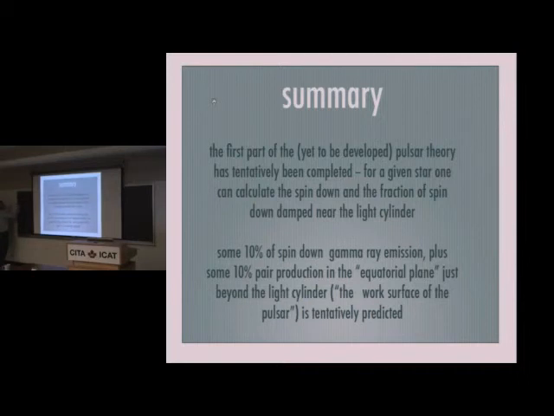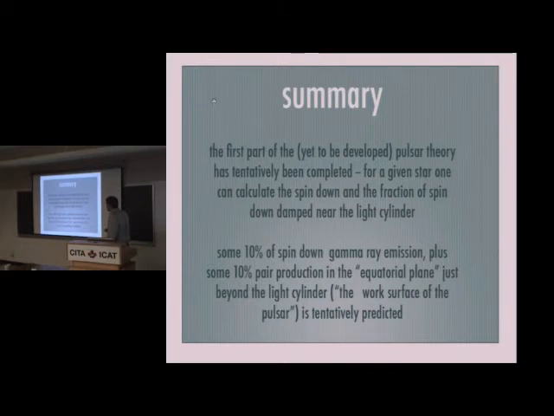Neoclassical theory gave mu squared omega to the fourth over c cubed. This gives 0.9 mu squared omega to the fourth over c cubed, of which 0.45 is damped. So it predicts the spin down and the fraction of spin down which is damped right beyond the light cylinder.